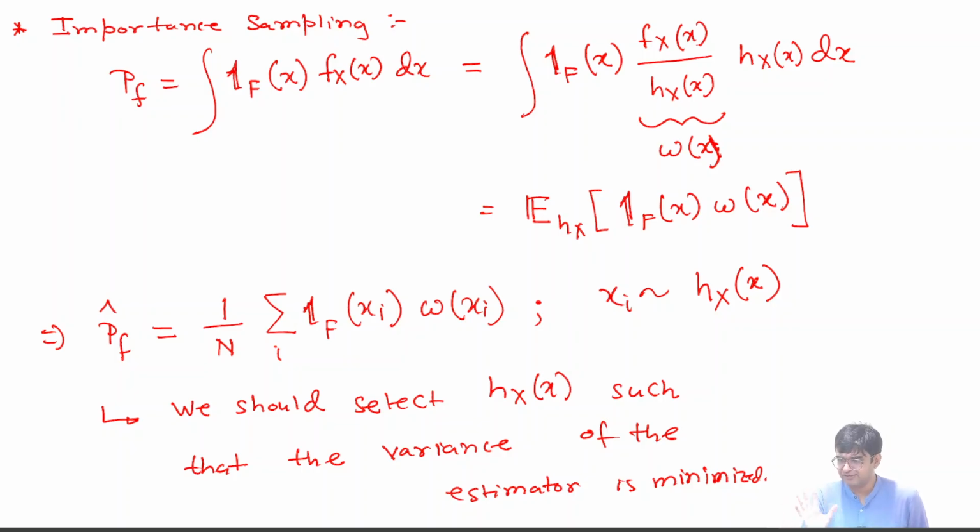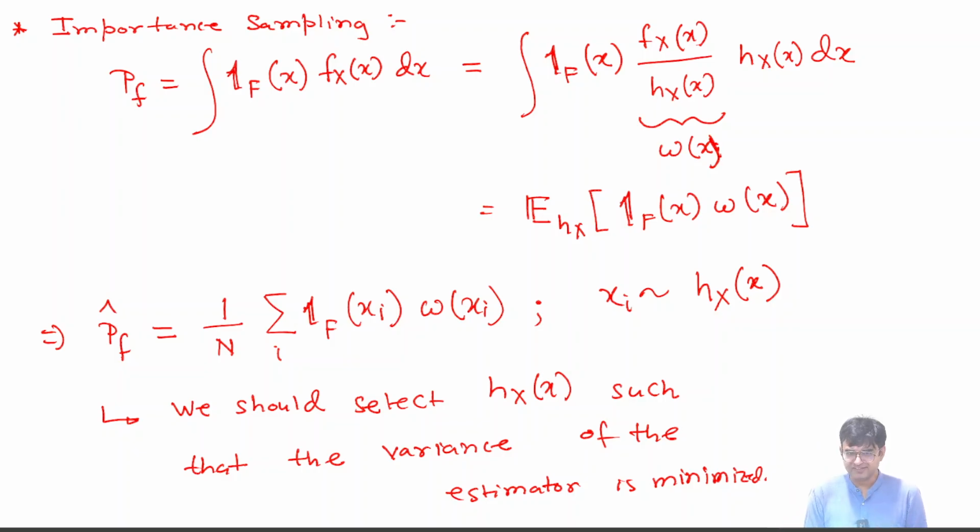So how will you find it out? You will solve an optimization problem which will minimize the variance of the estimator, and the hxx that minimizes the variance of the estimator is my ideal hxx, assuming convex function and all those things, that it converges to something, right? All of you follow this one?